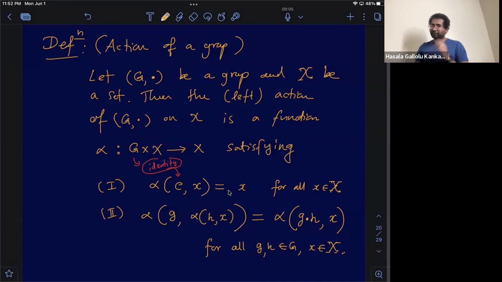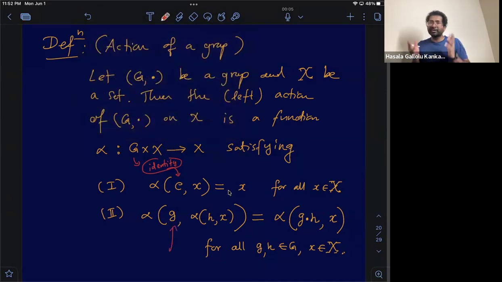And then in the second one, what we are simply saying is this. If you think about this as a motion, let's say you do the action under a certain element H, and then you stop right there with that element, and then you let it act again over another group element, which is G, right? It would be nice if I use a different color here, right?